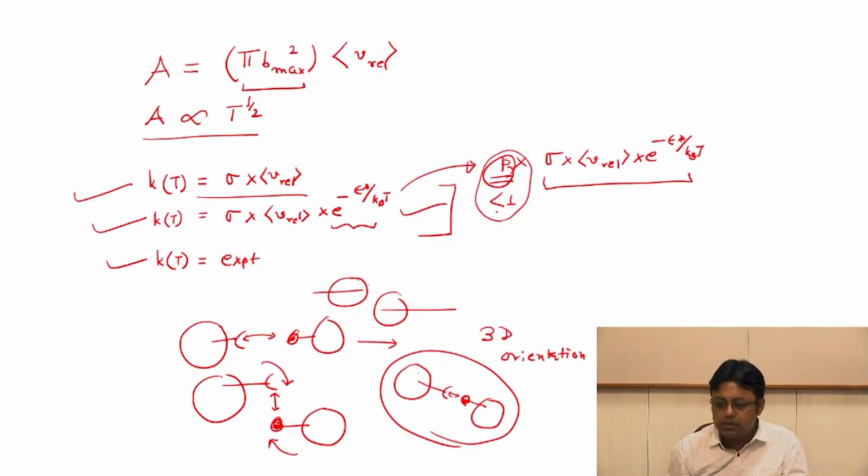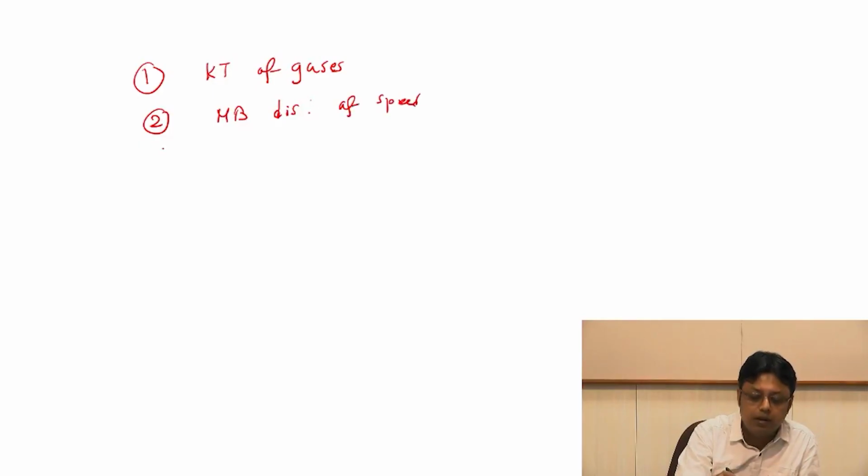To summarize, in this lecture we first talked about the kinetic theory of gases. Then we talked in detail about the Maxwell-Boltzmann distribution of molecular speeds, and then we used it to give the expression for the rate constant by collision theory.